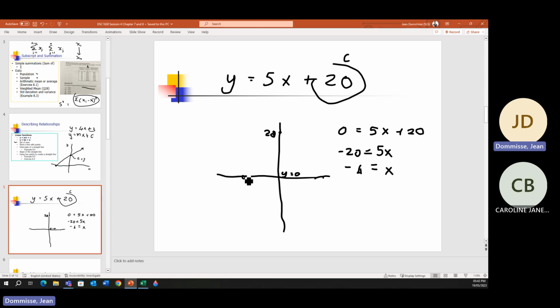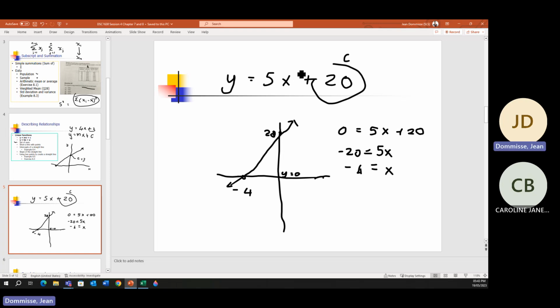So actually, here at minus 4, the line would go through, and then through the 20. Okay, so that would have been how you can get the two intercepts of this formula.